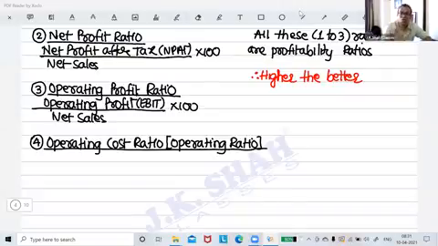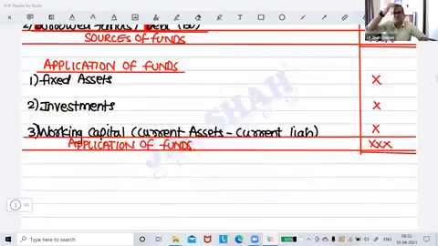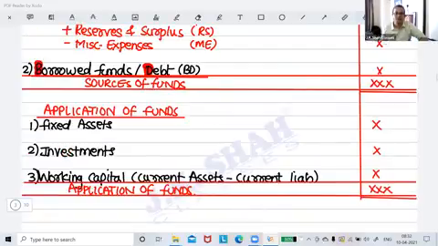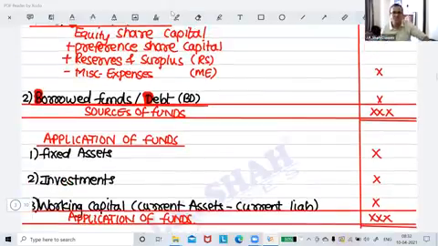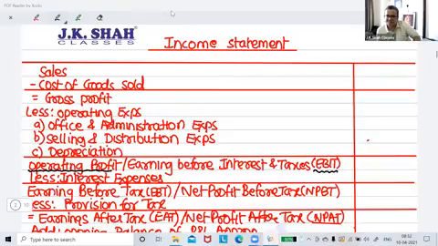So how will it come? Let me put some numbers. Let's get into the format and try to understand this. We have a formula which we can always learn by heart, but let's apply some logic so that remembering becomes easy. Taking the income statement, let's say sales is 100.